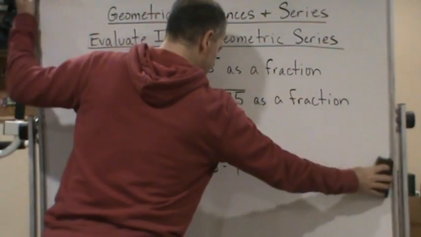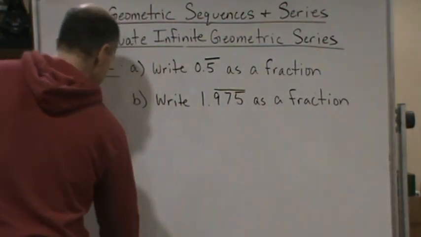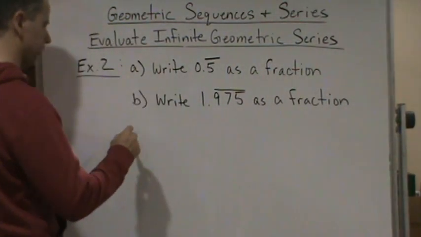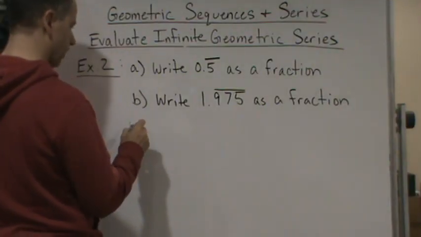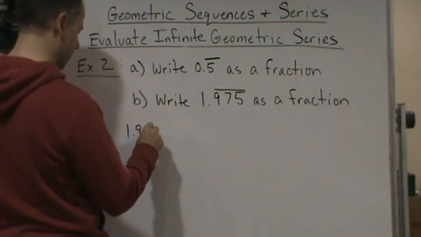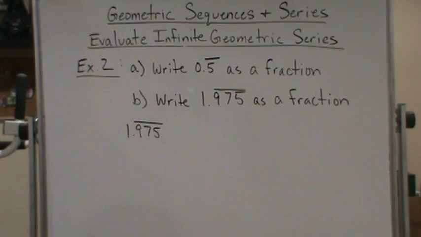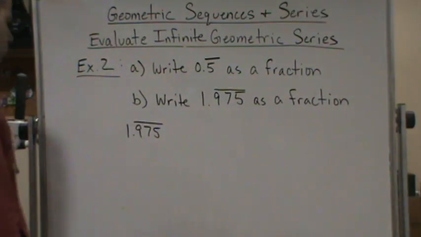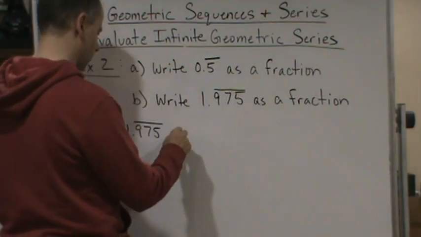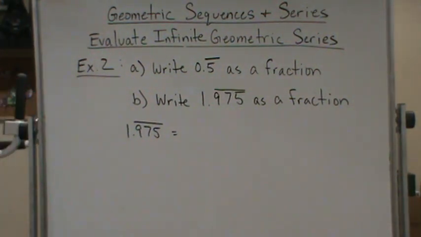Looks a little bit more complicated, but let's break it down. So let's write this 1.975, all right, so this is going to equal what? 1.975 repeating.